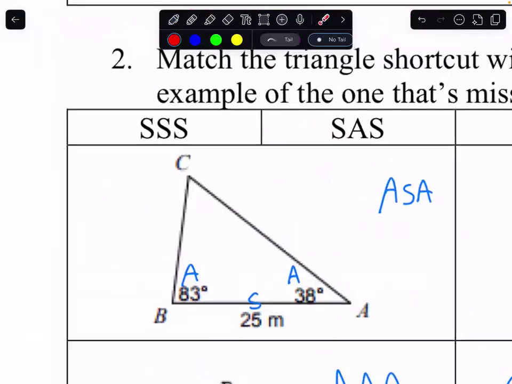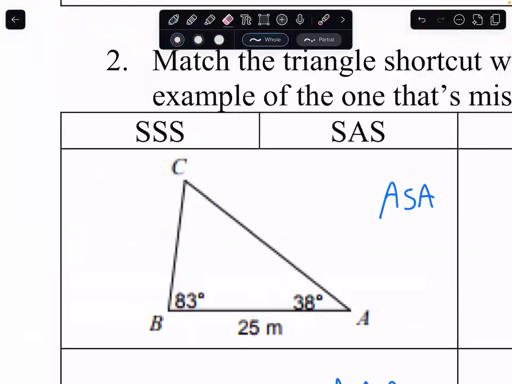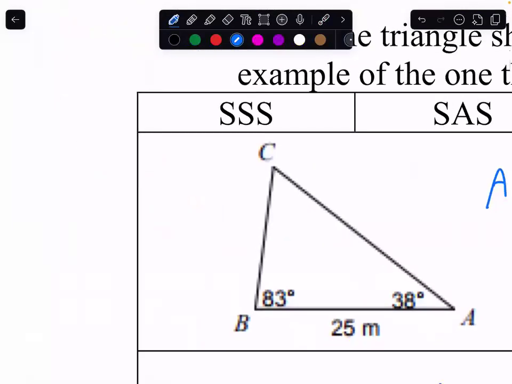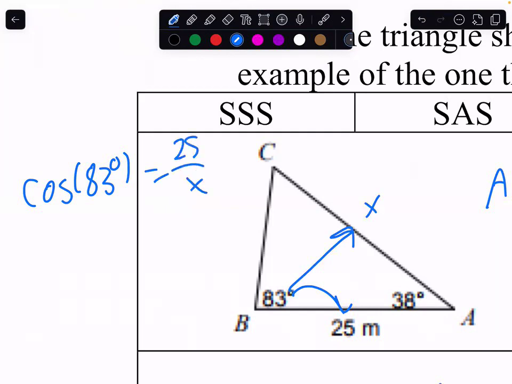Like, for example, if you look at this one over here, can't we already solve this? Couldn't we say, for example, I don't know, cosine of 83 degrees is adjacent over hypotenuse? And the answer is no, we can't. So can anyone tell me why this is not a valid statement?